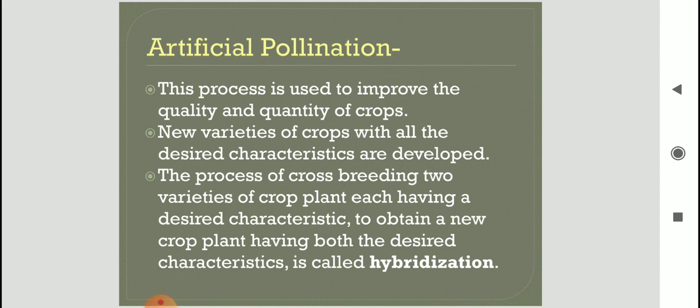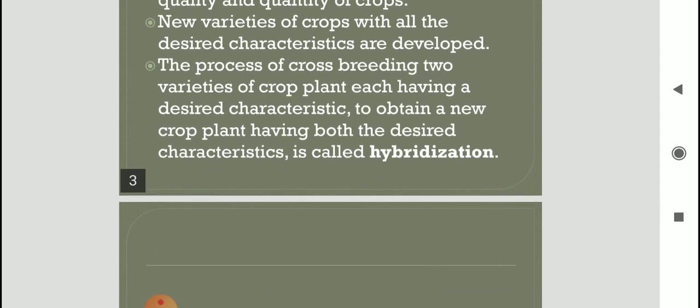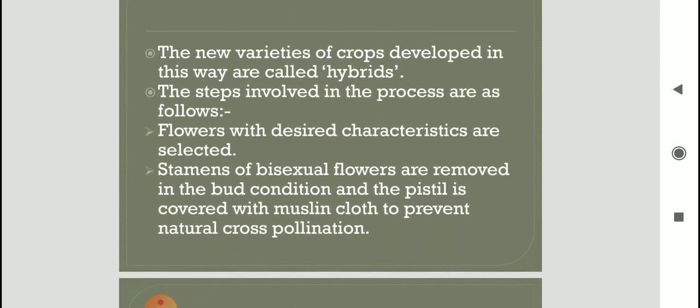Means you have selected two such crop plants which have the desired characteristics, and you want a new plant which should have the desired characteristics of both the plants. Okay, so this process where you are selecting the two plants and making them pollinate, and the new individual is obtained from it, this process is called hybridization. And as I told you, the new variety of crop developed is called a hybrid.